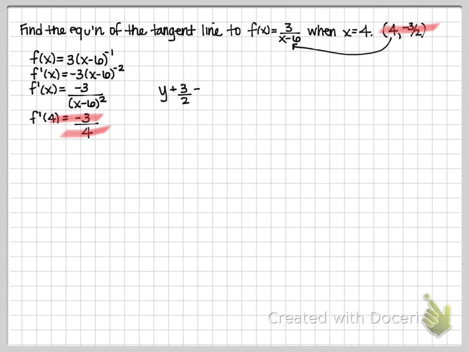So plus 3 halves is equal to the slope of my tangent line, which I calculated to be negative 3/4, and my x value was 4, so x minus 4. So right there is the equation of the tangent line to that original curve f of x when x equals 4, at the point 4 comma negative 3 halves.